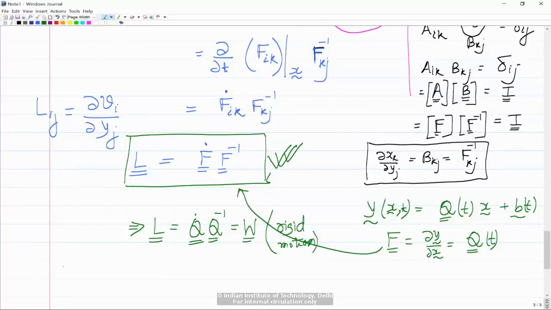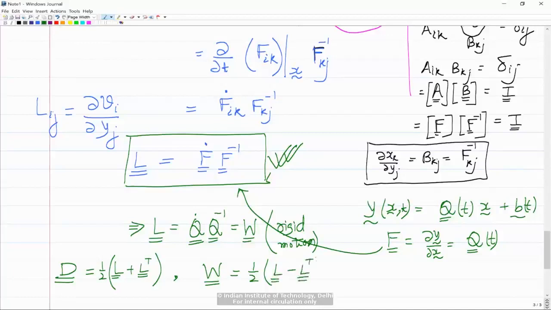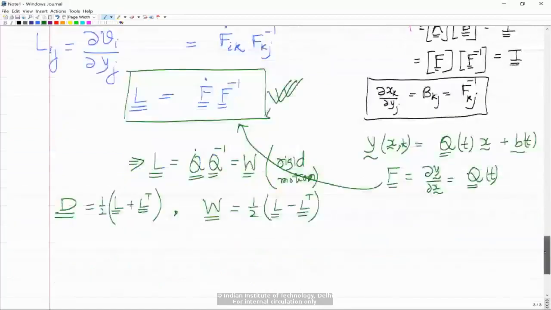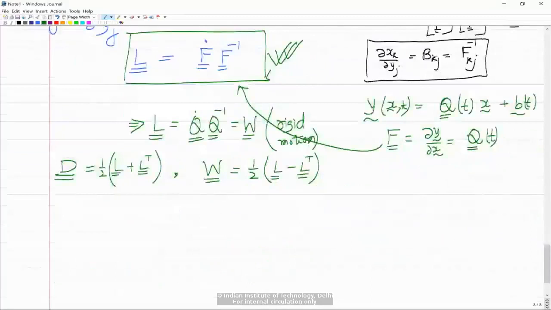So the symmetric part is denoted by D, which is half of L plus L transpose. Okay. Whereas the antisymmetric part is denoted by W, and that's half of L minus L transpose.